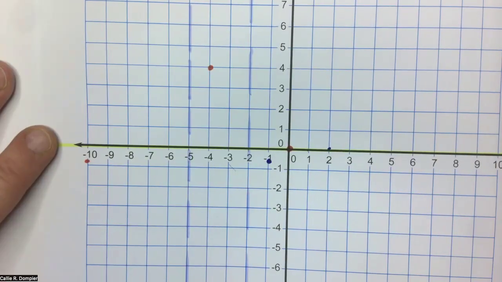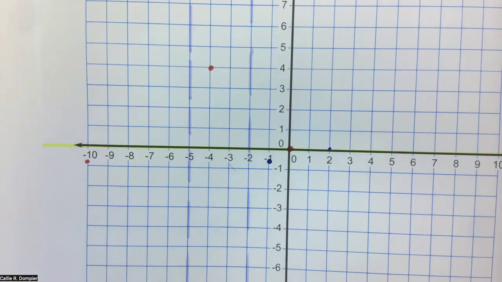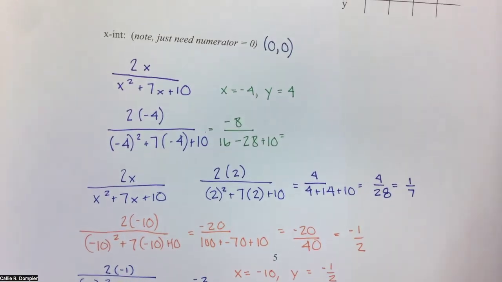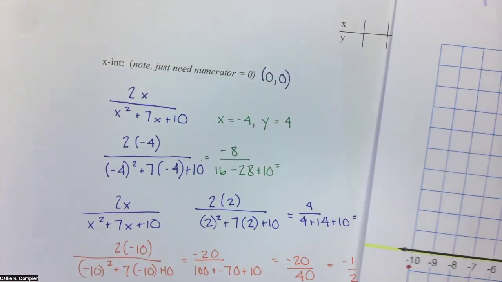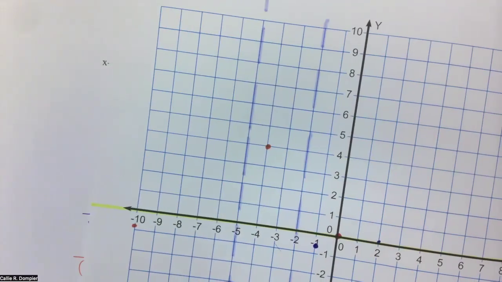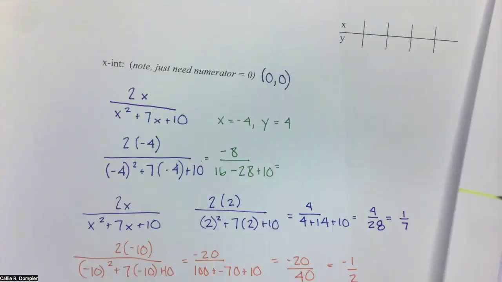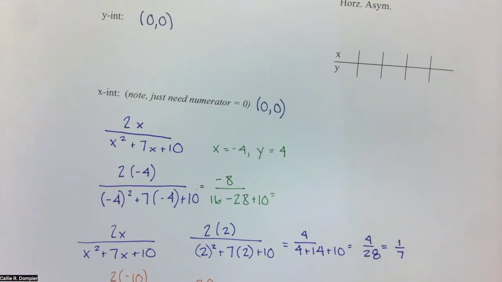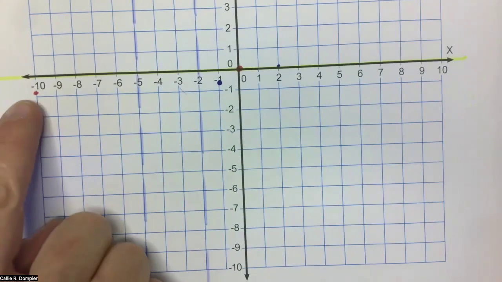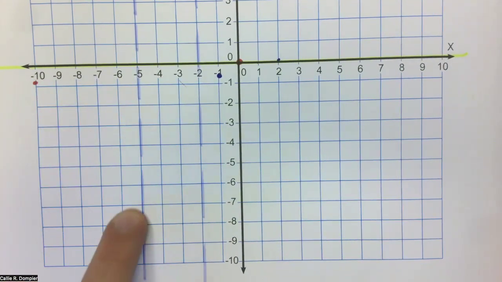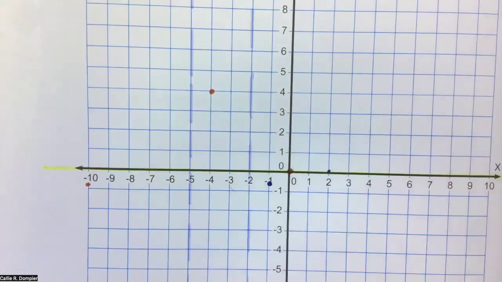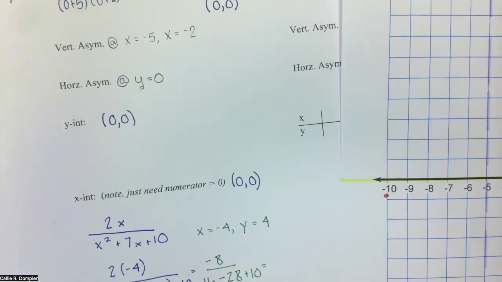This is going to go like that. So it's either going down like this or it's going up like this. I could do negative 6 if I wanted to check.